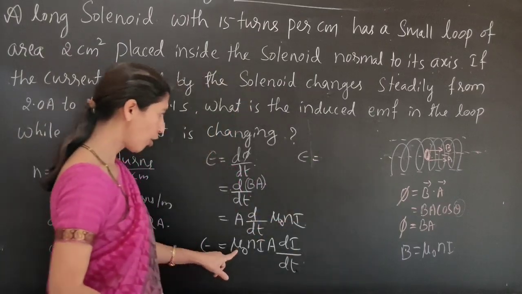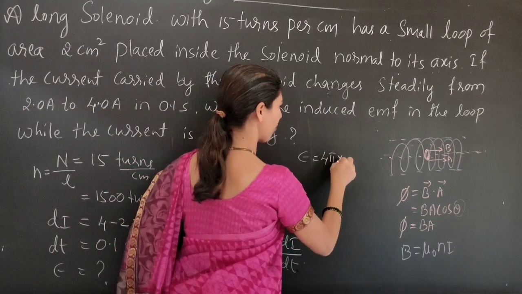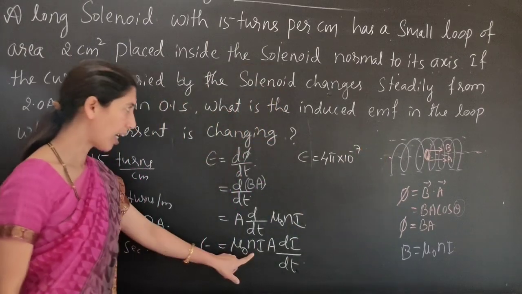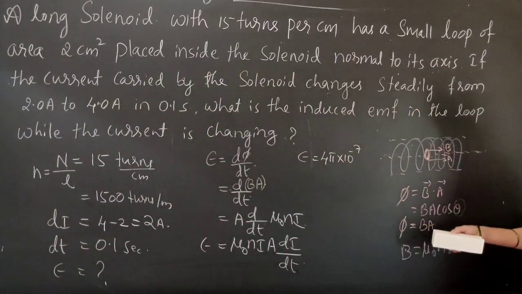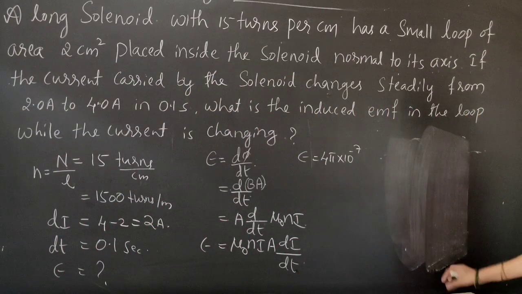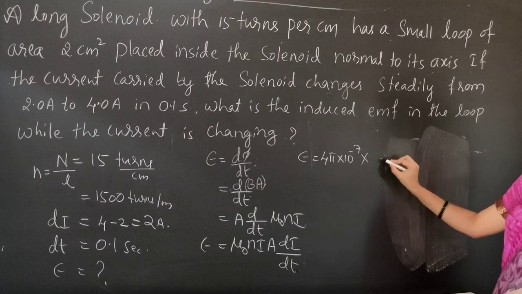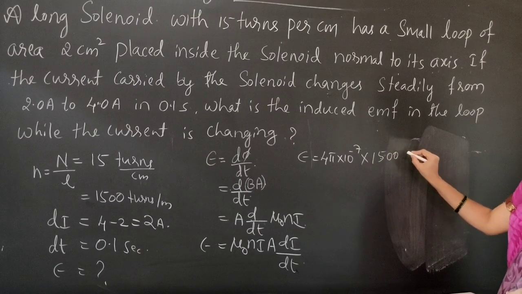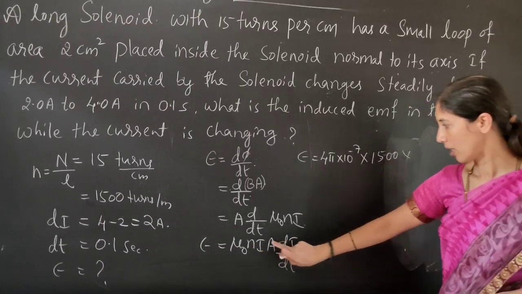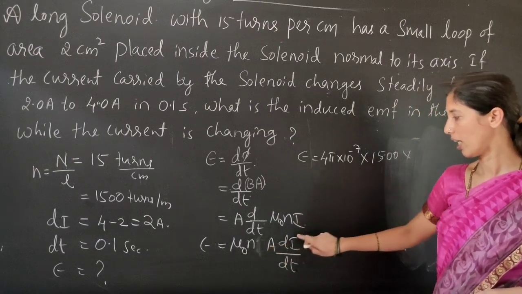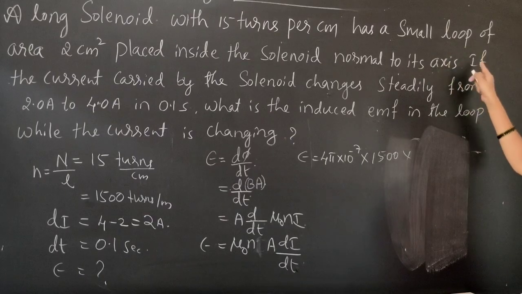E is equal to mu naught, whose value is 4 pi into 10 raised to minus 7, into n. The n value is 15 turns per centimeter, it is 1500 turns per meter, into A. The area is also given.